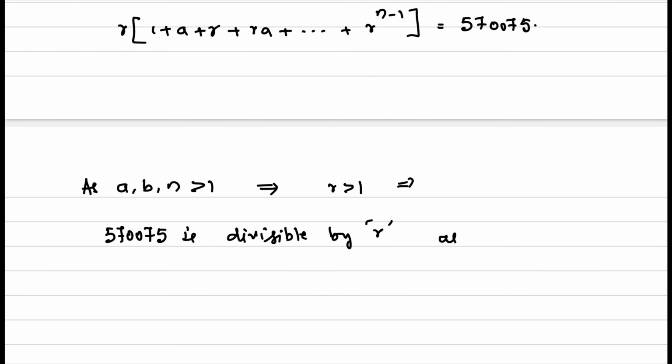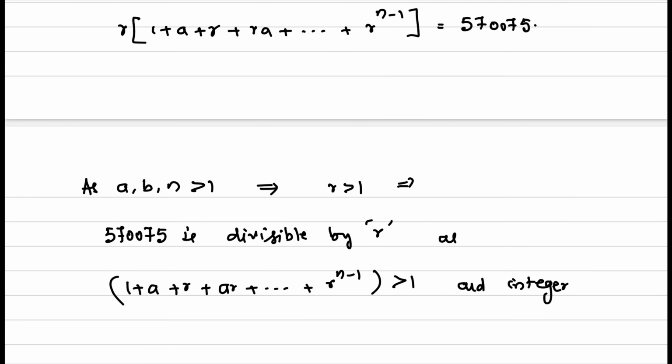As 1 plus a plus r plus ar plus up to r to the power of n minus 1 is greater than 1 and integer. a, b and n are greater than 1 and also let us say integers, because we are dealing with Diophantine equations.